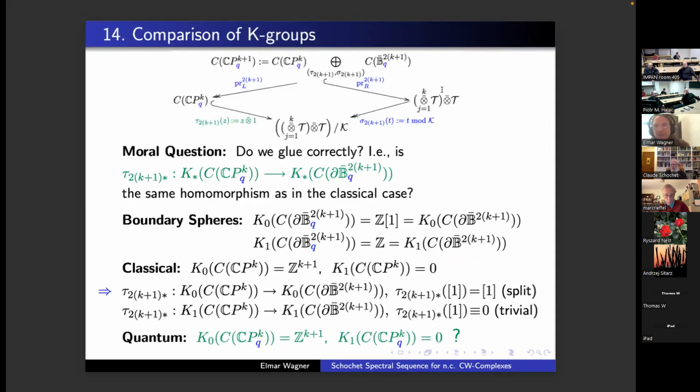But I was interested in an easy example because we come back to our moral questions. The only thing which I did is that I made an induction process similar to the classical one, and I always include one ball on one ball of dimension plus 2, to get a projective space.